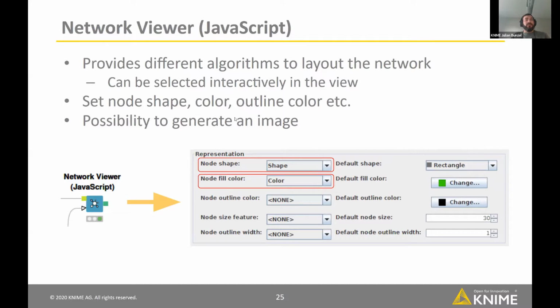It is also possible to generate an image, which you can see here. This little green port shows when an image has been created. And this image can then be used for reports or whatever you need it for.